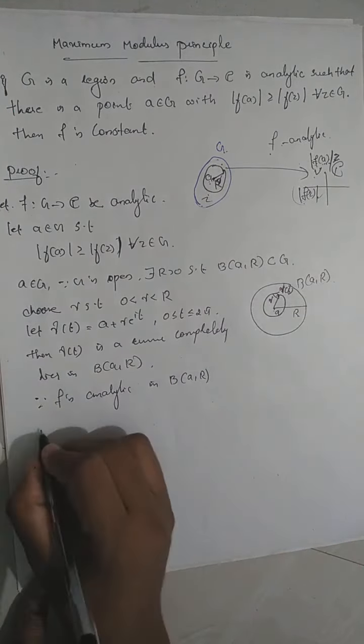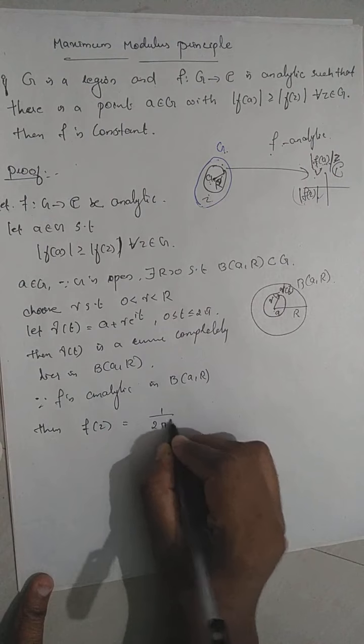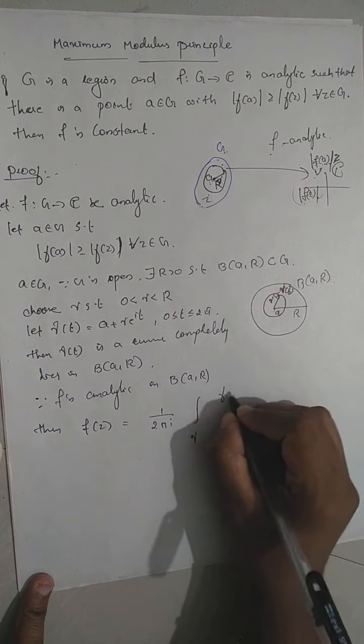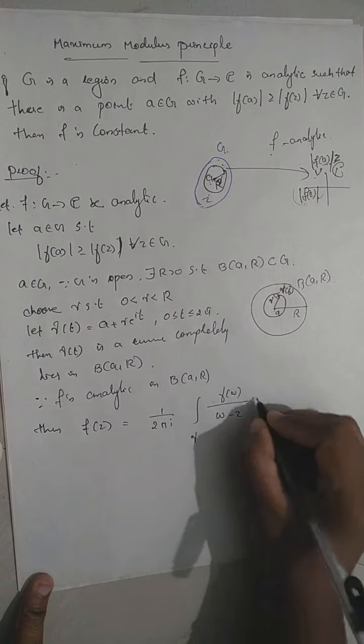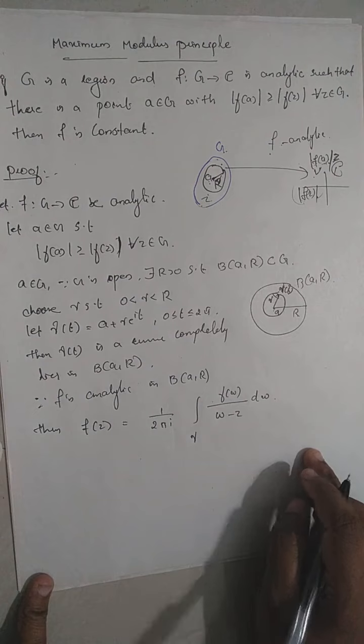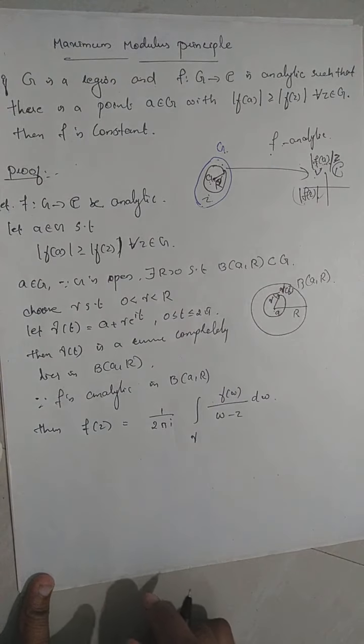Then f of z has a representation. f of z can be written as 1 by 2 pi i times the integral over gamma of f of w divided by w minus z, dw. This we already proved in the first section, the power series representation of an analytic function inside an open ball.